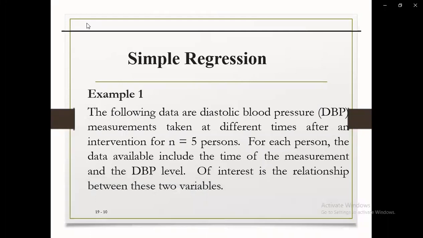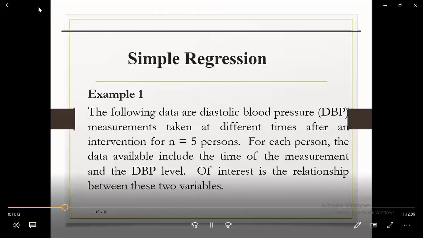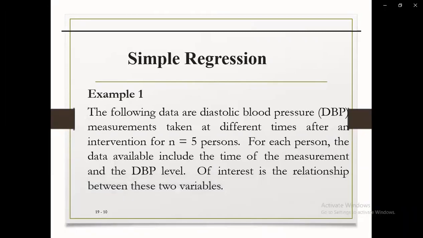So this is data on diastolic blood pressure for 5 individuals. Of interest is the relationship between an intervention and the measurements. The following data are diastolic blood pressure measurements taken at different times after an intervention for 5 people.